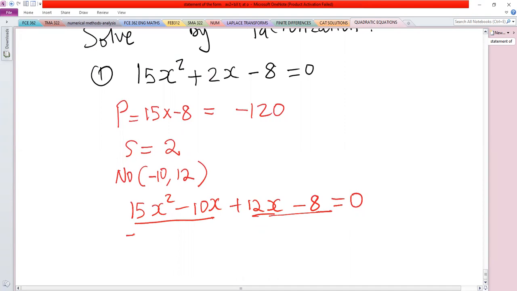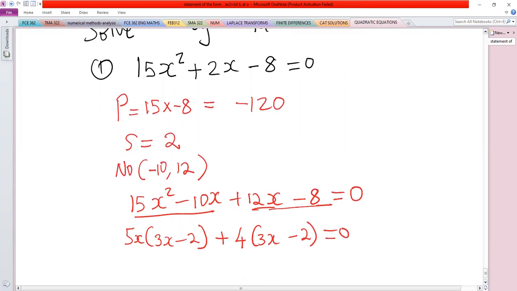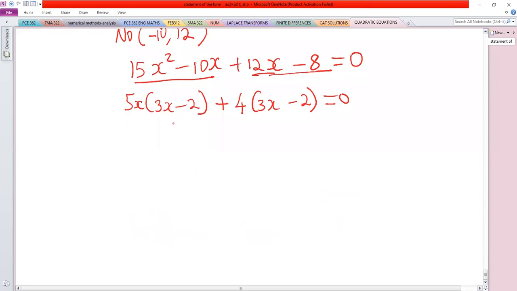Common here is 5x into 3x minus 2 plus 4 into 3x minus 2 equals to 0. And then so we'll have 5x plus 4 times 3x minus 2 equals to 0.